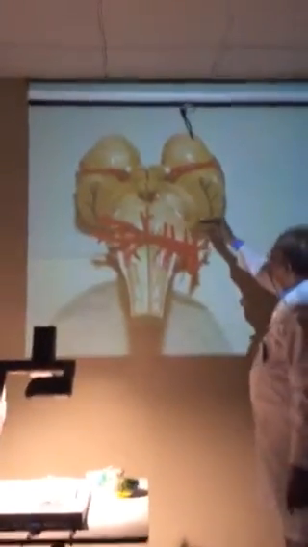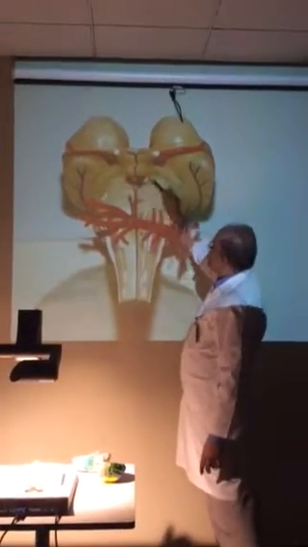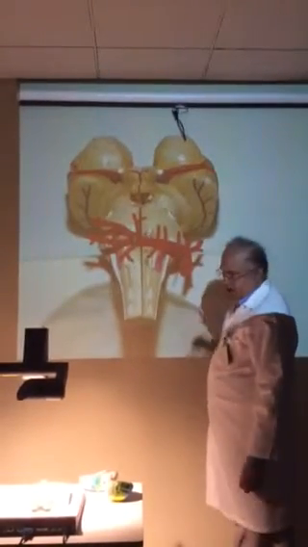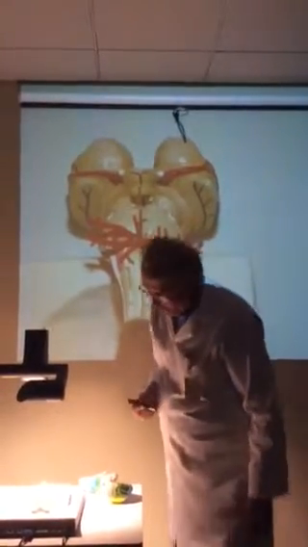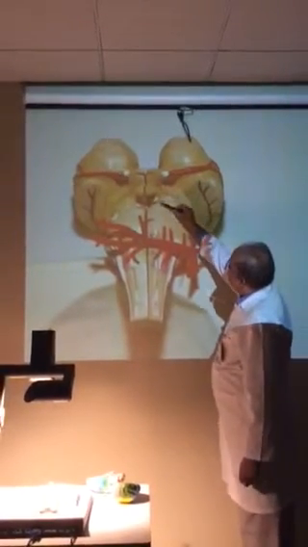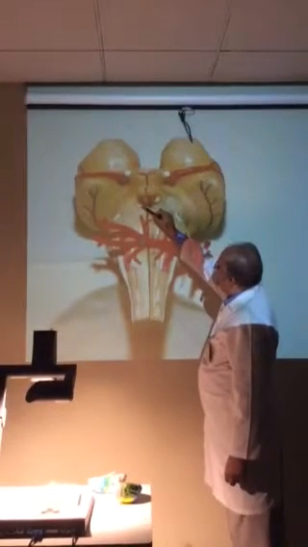Yes, you can see one cerebral peduncle here, another cerebral peduncle here, and you can see the oculomotor nerves, which are coming medial to the peduncles. So this is one oculomotor nerve, this is the other oculomotor nerve.